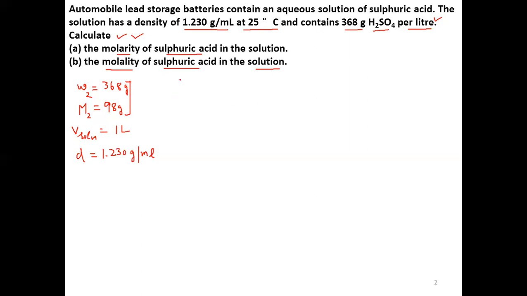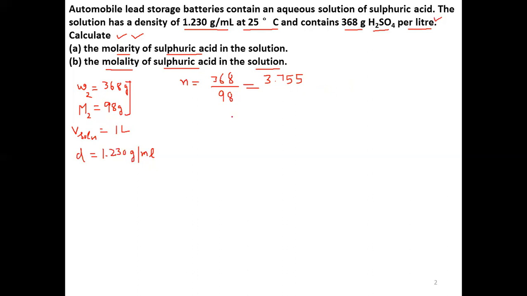Number of moles is very easy to calculate. N is the number of moles. This is given by weight of solute, which is 368, divided by its molecular weight. Molecular weight is 98. So it comes out to be 3.755 moles of sulfuric acid per liter of solution, and moles per liter of solution is molarity.